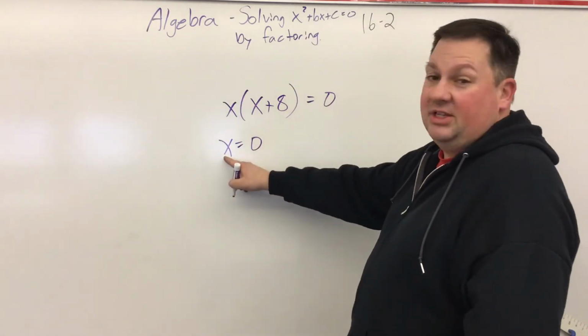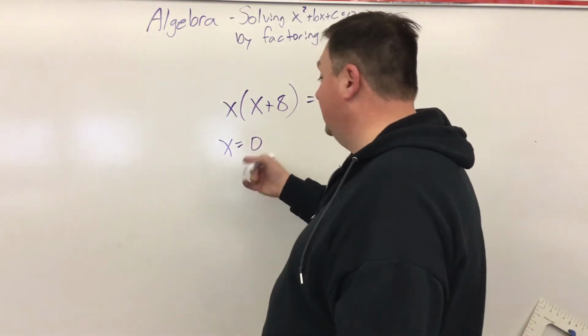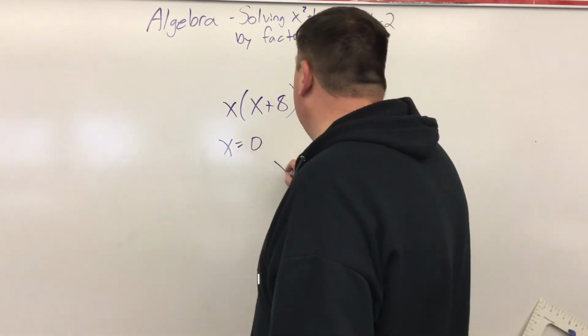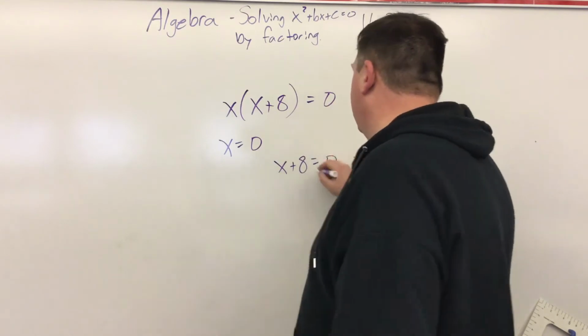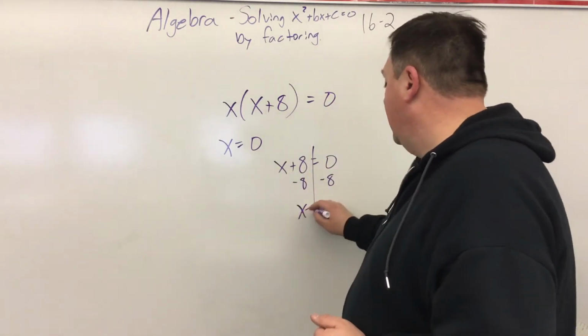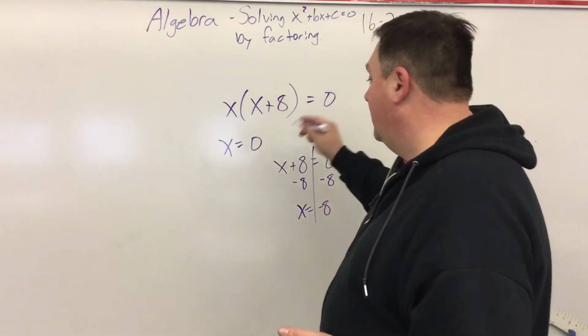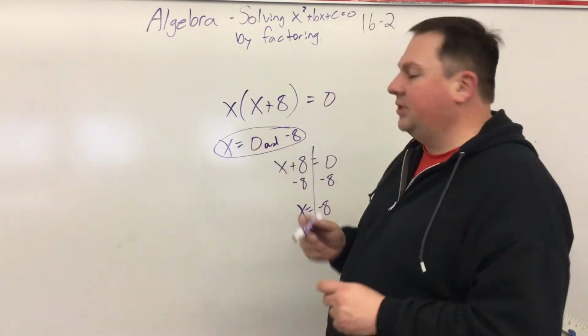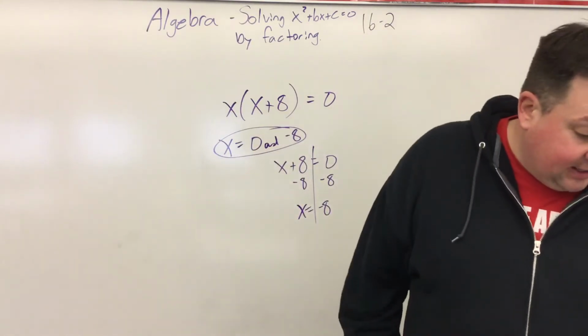The only number that's going to equal 0 is 0. So x is 0. One of your answers will be 0. Now we're left with x plus 8 equals 0. Same thing, subtract 8 from both sides, x equals negative 8. So 0 and negative 8, those are your two answers.